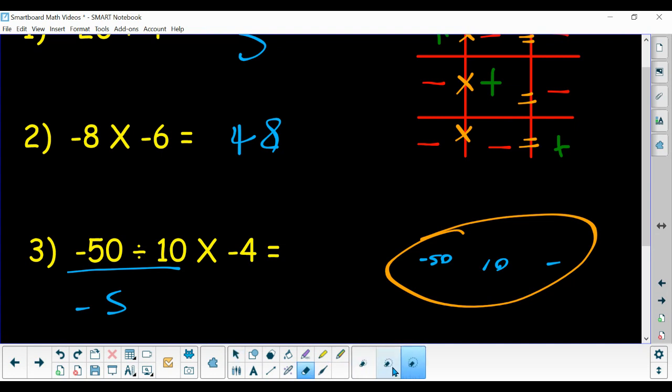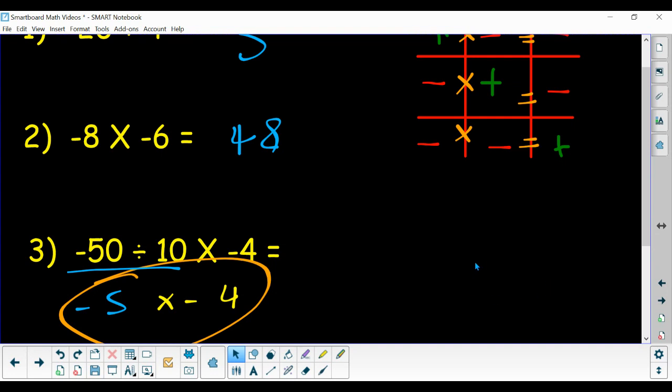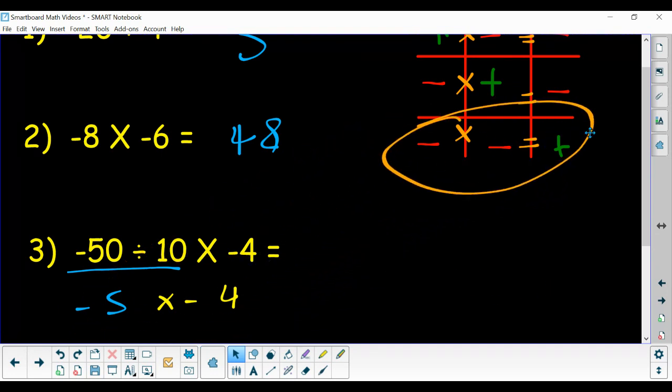All right. But what you're going to do next is bring down whatever was not underlined, meaning whatever you were not working on. So I had not even started working with right here multiplying by negative 4. So now I get this new question to solve. Well, let's use our tic-tac-toe table. A negative multiplied by a negative gives me a positive answer.